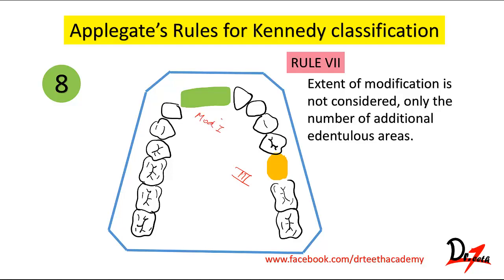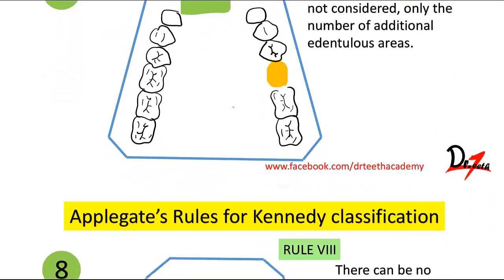So it is saying that the extent of modification, meaning how many teeth are absent, does not matter. For example, even if this tooth was also absent, you will still say that it is modification 1. So extent of modification is not considered, only the number of additional areas is considered. You don't count the teeth, you count the areas in modification spaces, right?